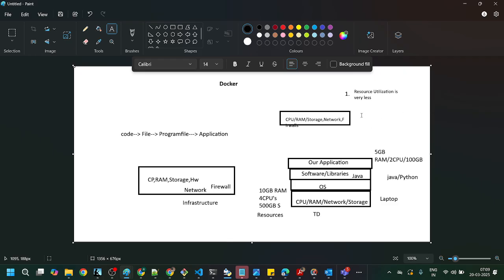Here also we allocated some resources like 10 GB RAM, but the application is not taking that many resources. So here also we are wasting.